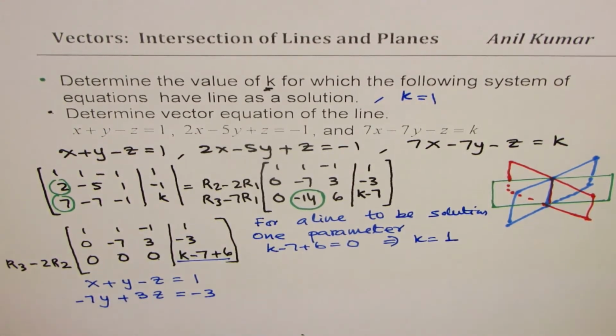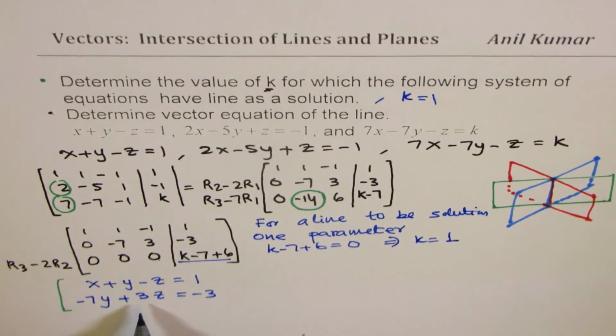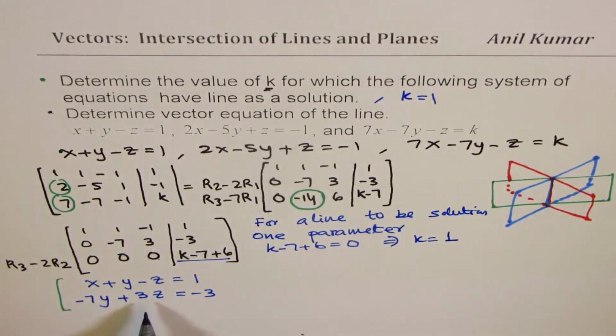To solve these equations, you have to assume a parameter. We can write z as 7t, for example. If I write z equals 7t, the idea is to avoid fractions. I could use t also.